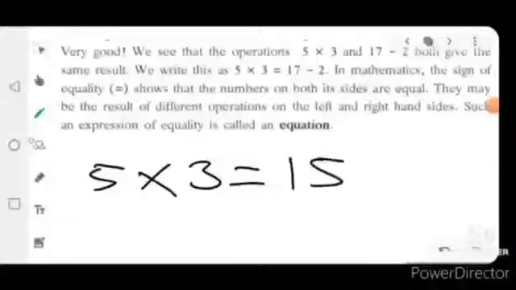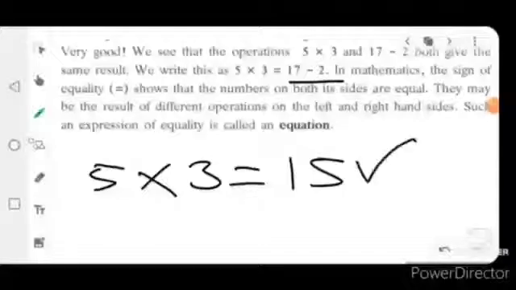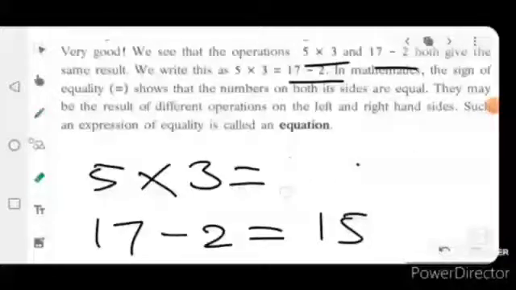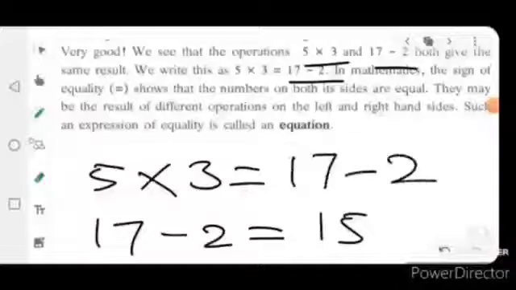Now here you can see 17 minus 2. When we subtract 2 from 17, we get 15. So both sides are equal, and we can write 17 minus 2 is equal to 15. We can also write 17 minus 2 instead of 15.